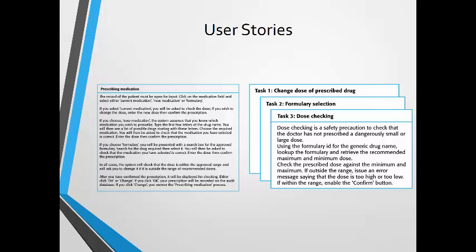It's on the left. On the right-hand side, you can see the story is broken down into task cards in Figure 3.6, which involves separating the story into 3 parts: changing the dose of the prescribed drug, selecting a formulary, and then checking the dose. A formulary is an official list giving details of medications that can be prescribed.